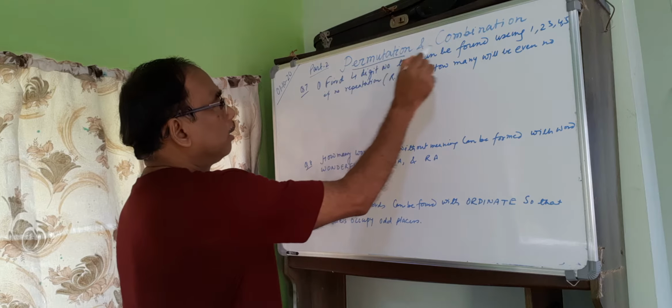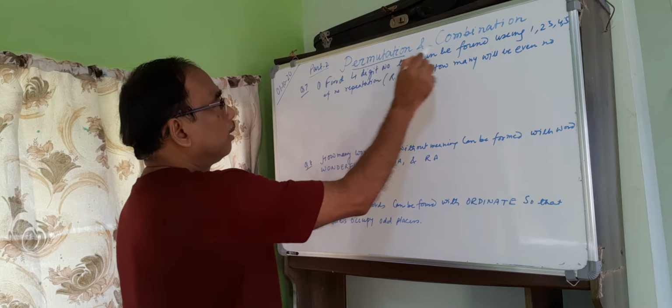How many will be even numbers? We have to take 4-digit even numbers. There are 2 even numbers, 2 and 4.